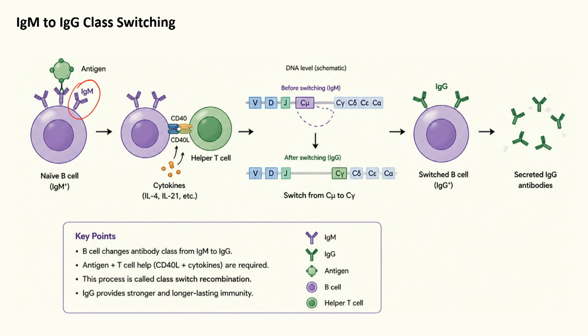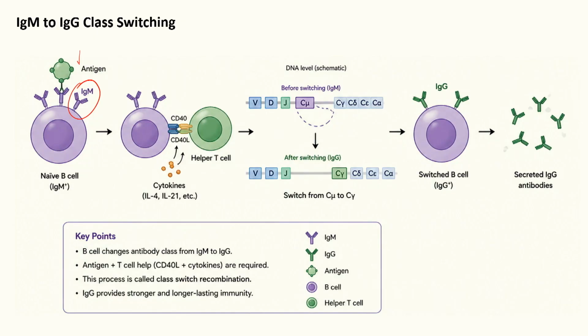So IgM is the very initial molecule present in the naive B cell, and once these are present and encountering an antigen, this antigen encounter can lead to different kinds of activation in a B cell. And once there is a change in the B cell structure, either by binding to the antigen or by specific interaction with the helper T cell, because the helper T cell will come with MHC2 specific loaded peptide to this B cell population.